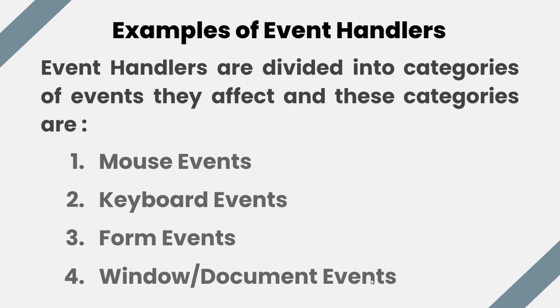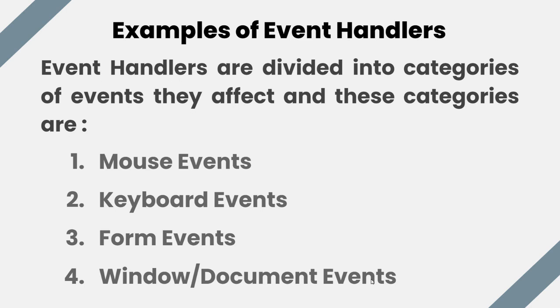So, the event handlers we'll be seeing today are divided into categories of events they affect. So, this means that these event handlers are actually categorized based on the kind of event they can perform. That's as a group. Some of them can perform mouse events, some can perform keyboard events, some can perform form events, and some can perform the entire window event.